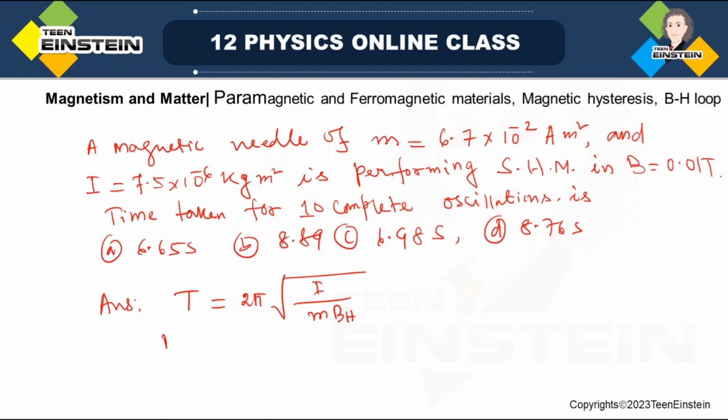If we put all these values, 2 pi root over I, which is 7.5 into 10 to the power minus 6, m is 6.7 into 10 to the power minus 2, and B_H is 1 into 10 to the power minus 2.